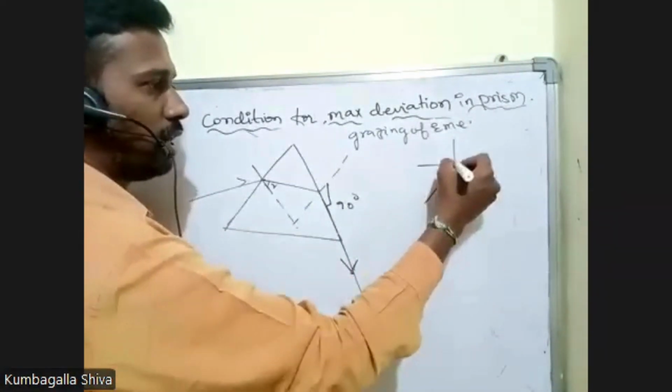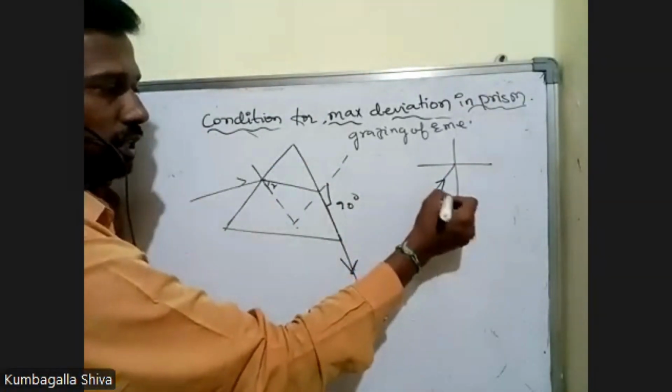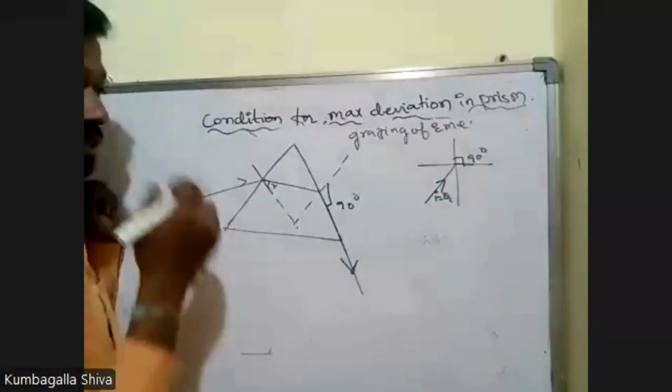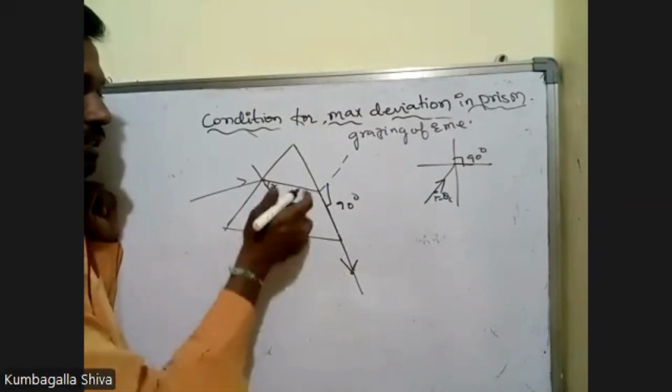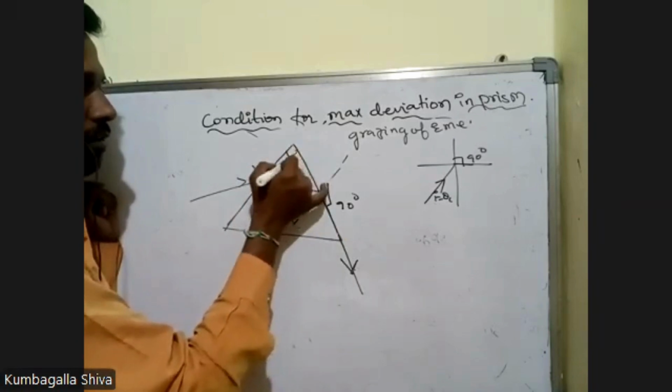Whenever the incident angle is such that I will be equal to theta c, if the refraction will be equal to 90 degrees, this is the condition you will see. Grazing means the refraction R2; this is R1 and this is R2.